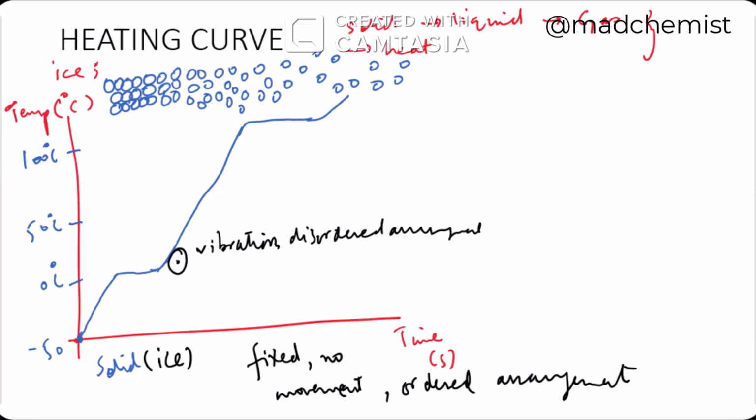This is the point which we call the melting point. At this temperature, the solid starts converting into liquid form, as the particles show some vibration and a disordered arrangement. So this is the point where a solid starts converting into a liquid.